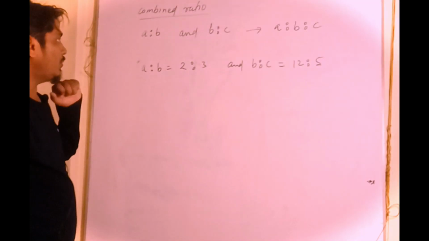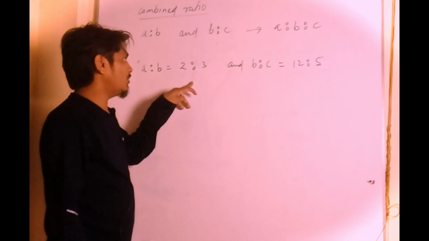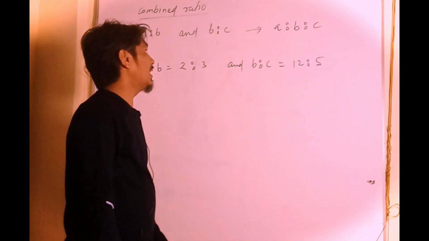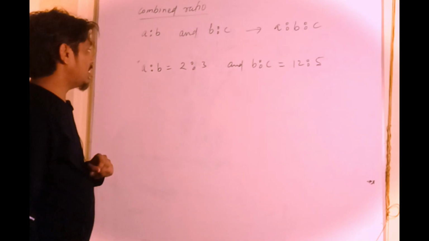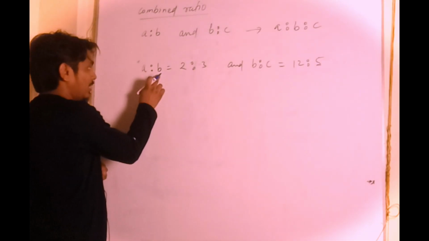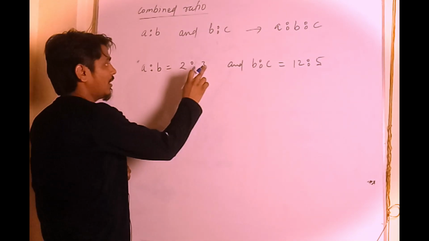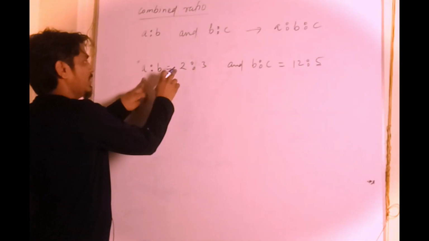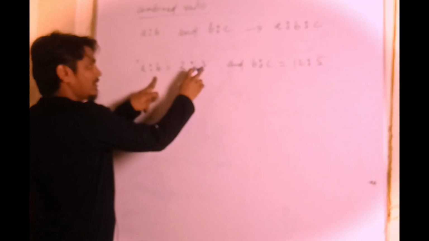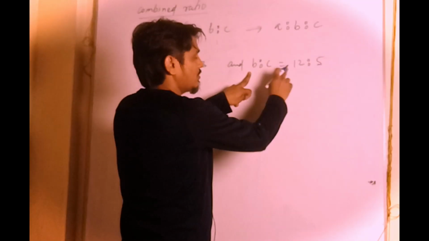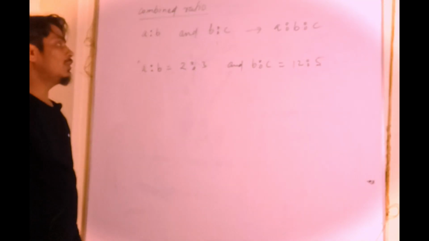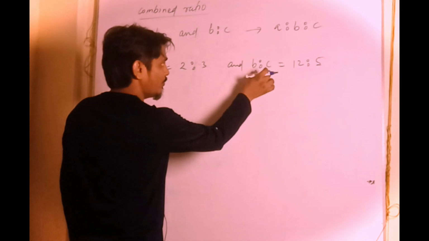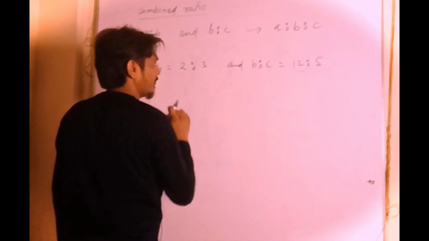Then in order to write A to B and B to C as a combined ratio, we just have to identify the B over here as well as here. You can find that A to B is 2 to 3, which means the B part is 3. Over here the B part is 12. So in order to write this as a combined ratio, we will try to make the B part in the first ratio equal to the B part in the second.